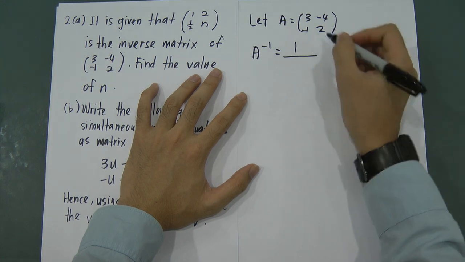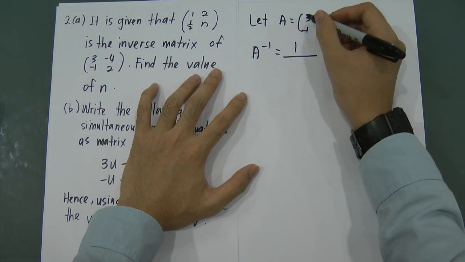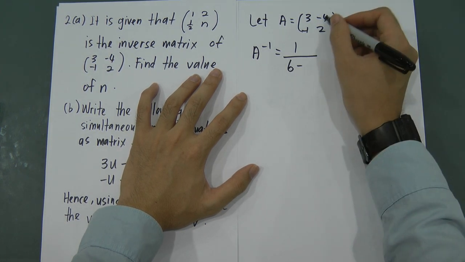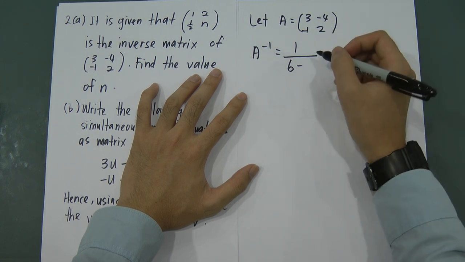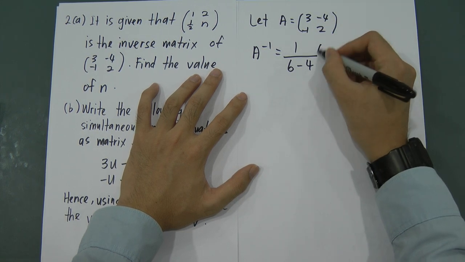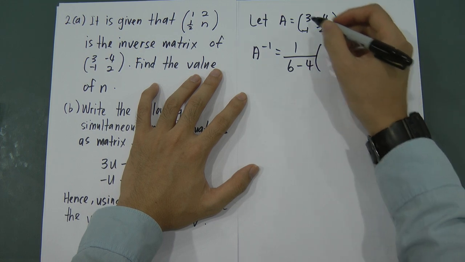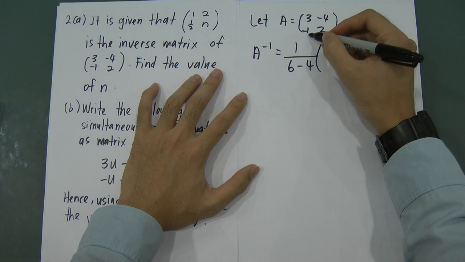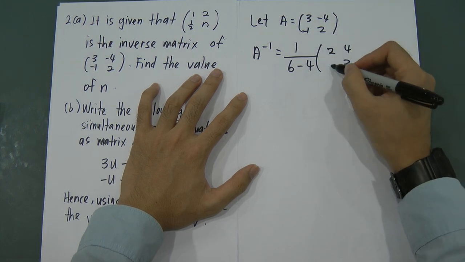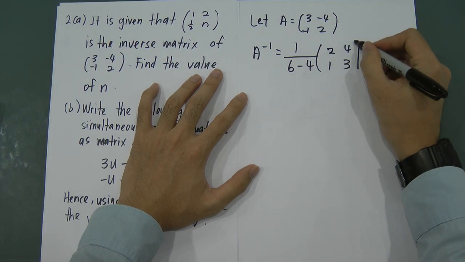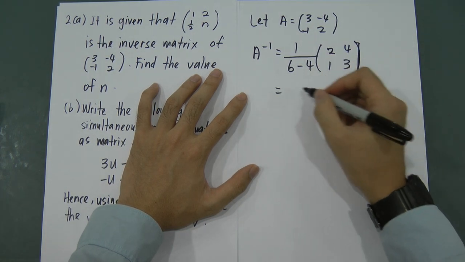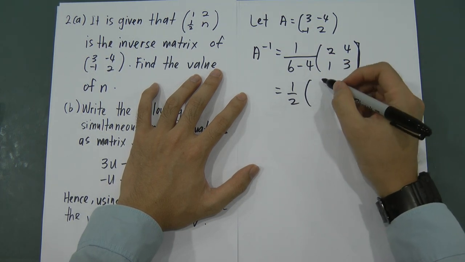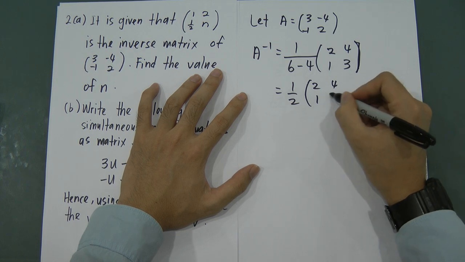So it's 1 over AD minus BC: 3 multiplied by 2 is 6, minus BC, which is 4. Then A and D change place, becoming 2 and 3. B and C we add a negative, becoming 4 and 1. Therefore we have 1 over 2 times the matrix 2, 4, 1 and 3.